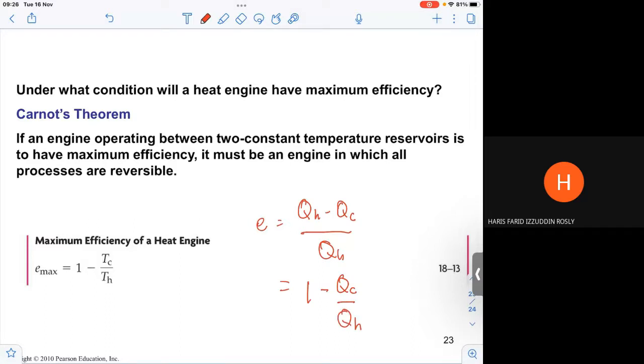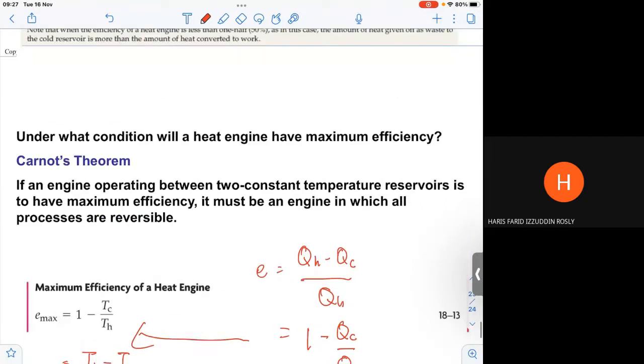That is one efficiency, and another efficiency uses temperature, 1 minus TC over TH, or you can write it as temperature hot minus temperature cold over temperature hot. So that's how you get the efficiency. But if you want it as a percentage value, just multiply by 100%.